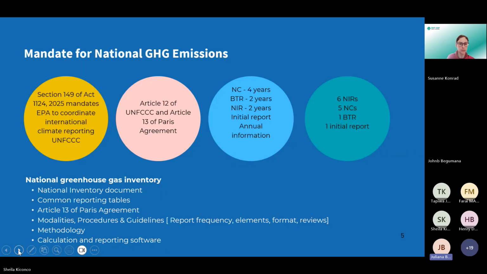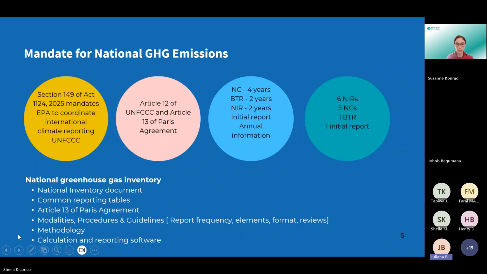The BUR was submitted up to the 4th, prior to submitting the first BTR. On the inventory, we submitted the NID with the common reporting tables based on the MPGs, and we also used the ETF tool in doing our calculations.